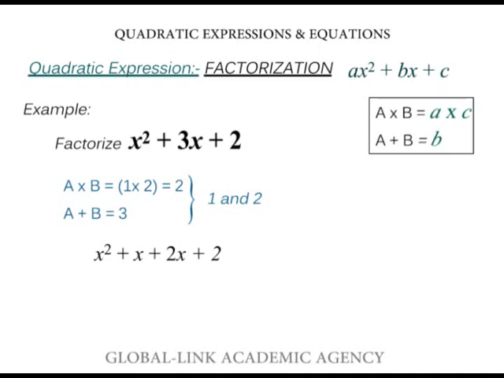Then factorize. We get x(x + 1) + 2(x + 1). The terms in the brackets are the same, and hence we take only one. Therefore we shall have (x + 2)(x + 1). These are the factors of the expression x² + 3x + 2.